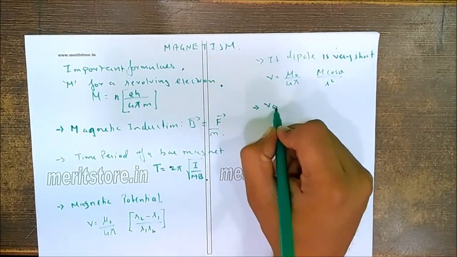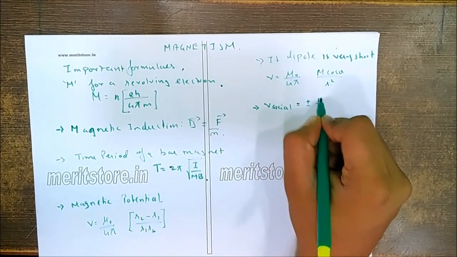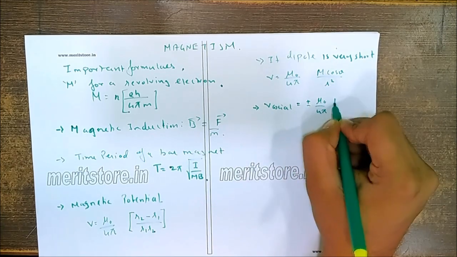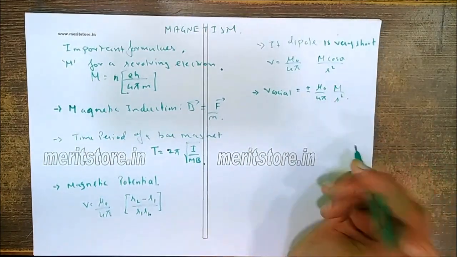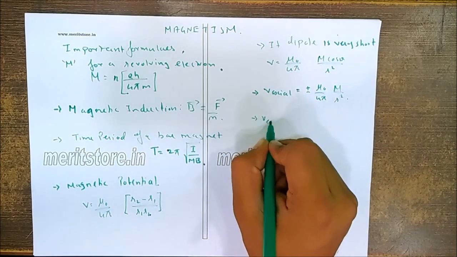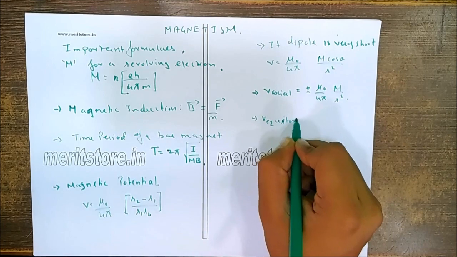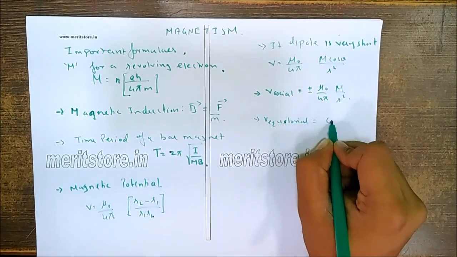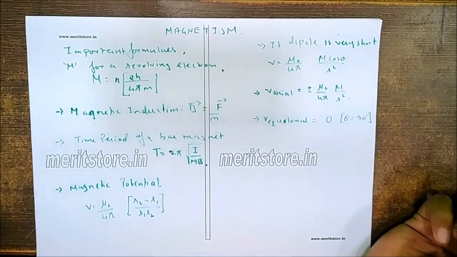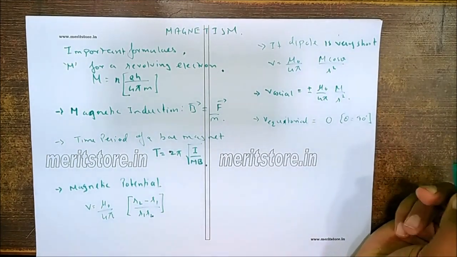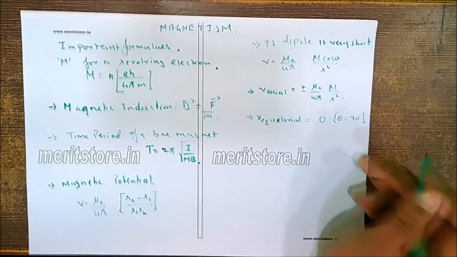We have V axial, given as plus or minus mu naught upon 4 pi M by R square, where theta is 0 in the above formula. And we have V equatorial. So V equatorial will straight away be given as 0 because theta is 90 degrees, and cos 90 is 0.